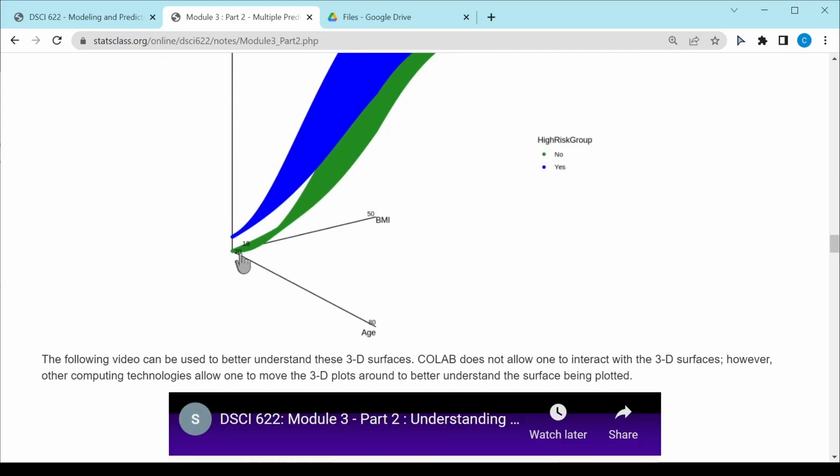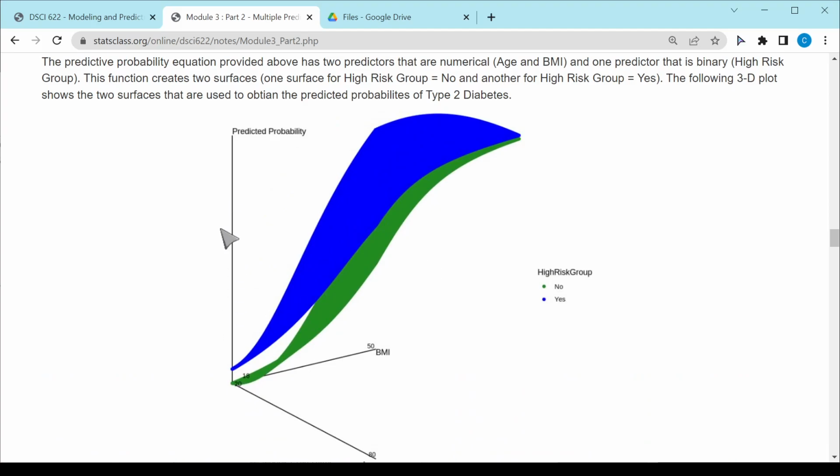This surface has age as one of its inputs. It has BMI as another input, and the outcome is the predicted probability. Now I actually get 2 surfaces because the high-risk group is a dummy variable, and that creates 2 separate surfaces.